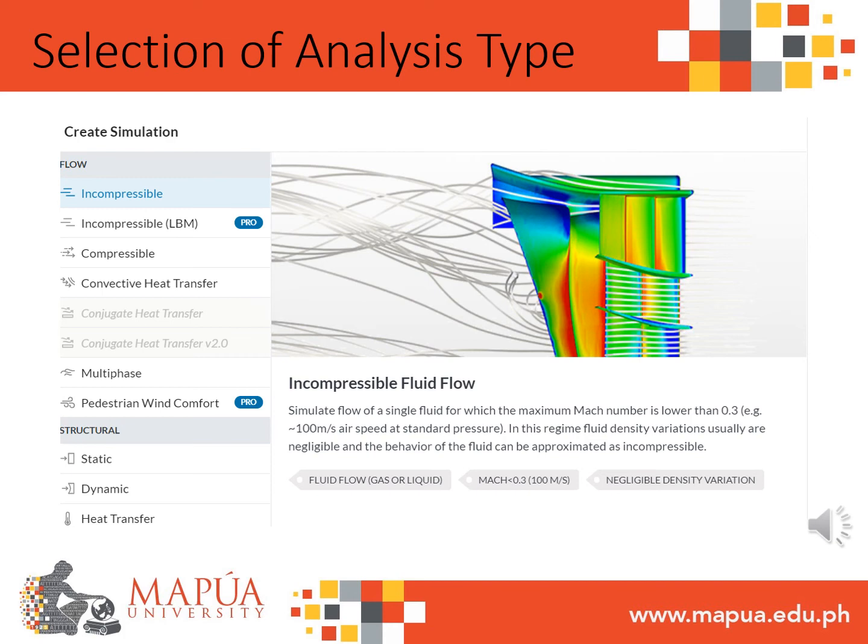This is also for an assumption of constant density. Since that's what we stated in our chapter 1, I can say that incompressible fluid flow is the most suitable analysis type for us.